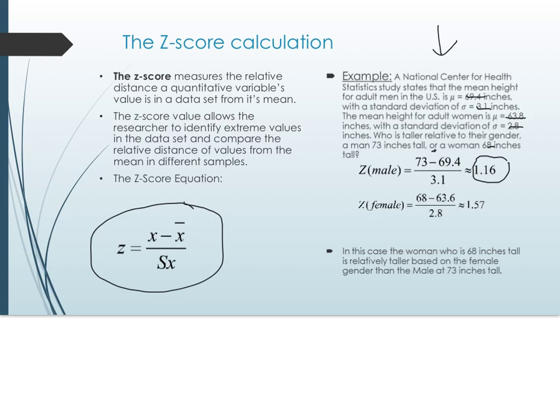For the female, we put in 68 minus 63.6 divided by 2.8, and we get the following result, 1.57, and that is how many standard deviations 68 is from 63. In this case, the woman who is 68 inches tall is relatively taller based on the female gender. The male at 73 inches is not quite as tall relative to its mean.